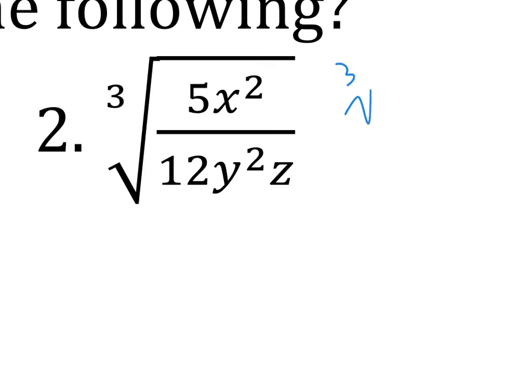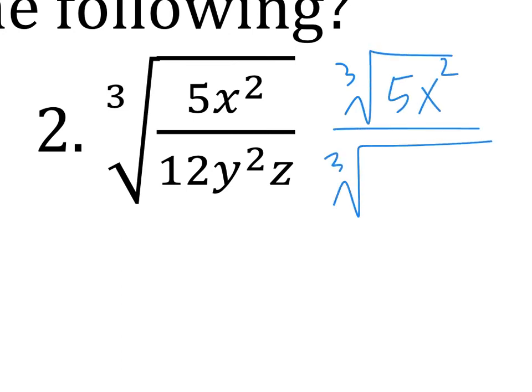Cube root of 5x squared, that's the numerator. Cube root of 12y squared z. And then what you want to do is just double check. Can I simplify the radical as is? Does anything come out 3 of a kind? No. Okay, so then we're stuck.